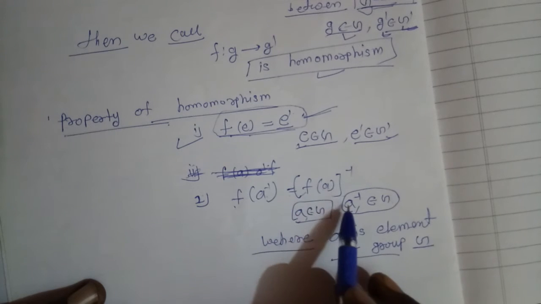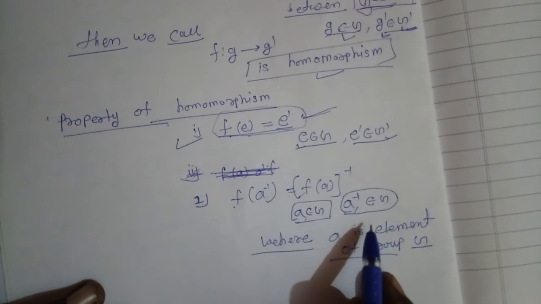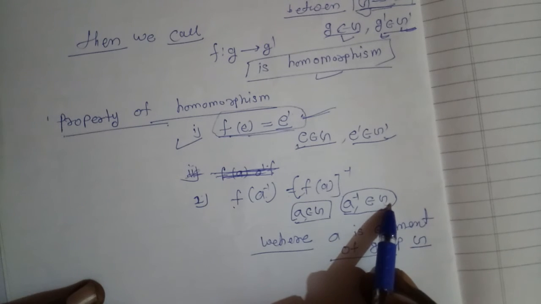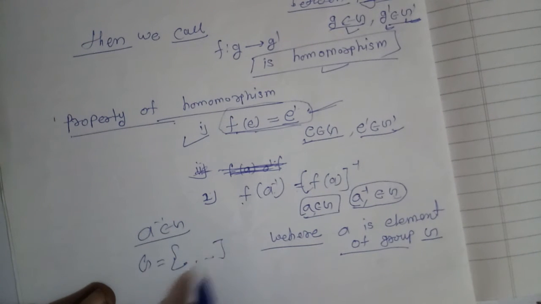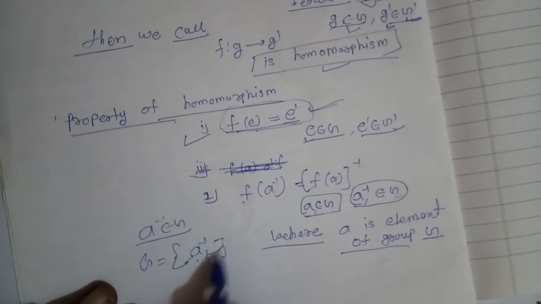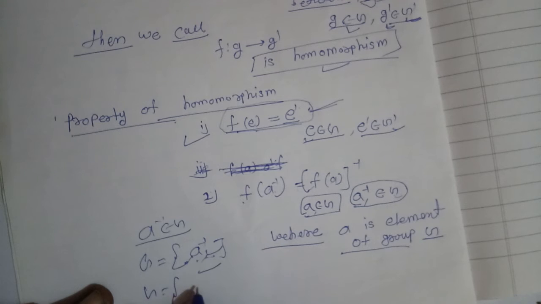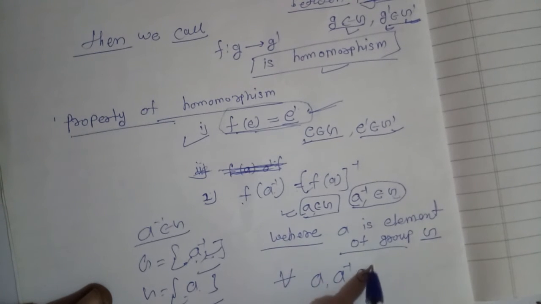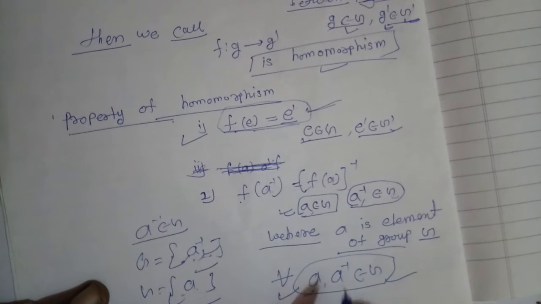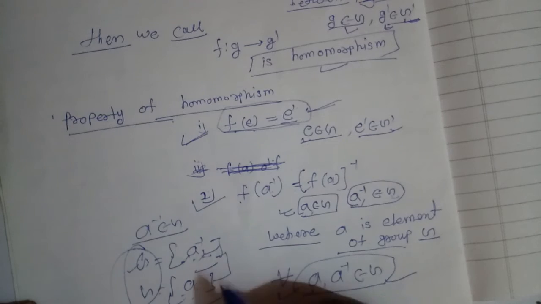What is a inverse? a inverse belongs to G, an element of group G. A and a inverse belong to G, because the two elements are in the one group G. That is the first property and that is the second one.